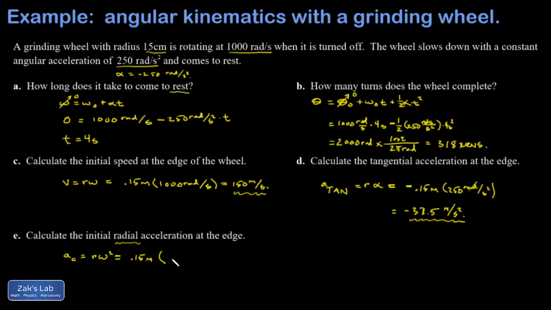And then omega in the initial state was 1,000 radians per second. And that all has to be squared. Remember, radians are unitless, so I get the correct units of meters per second squared out of this. And when I crunch the numbers, I get this enormous value of 150,000 meters per second squared at the edge of the grinding wheel.